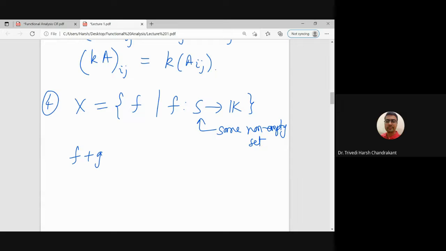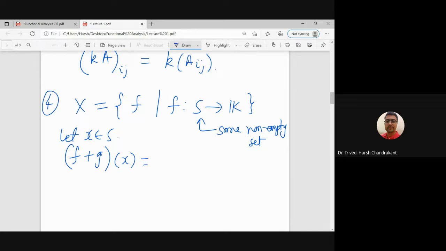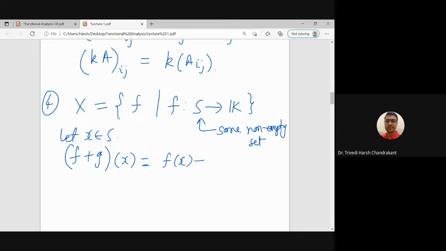So these are the functions. That means we need to fix some element x of S. So what will be (f plus g)(x)? That is defined as pointwise addition, that is f(x) plus g(x).